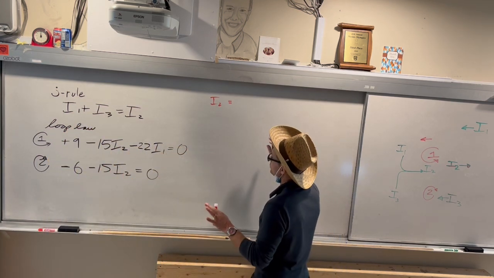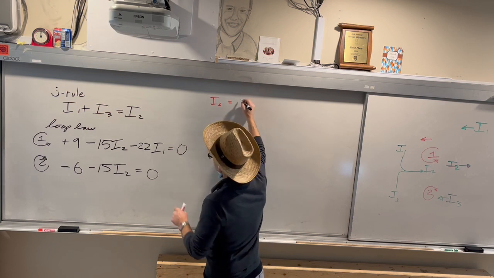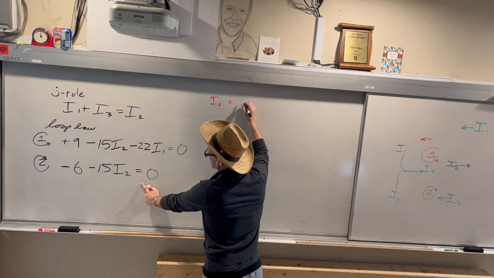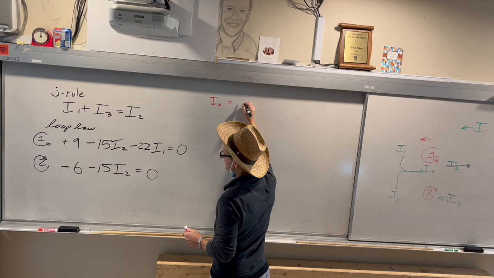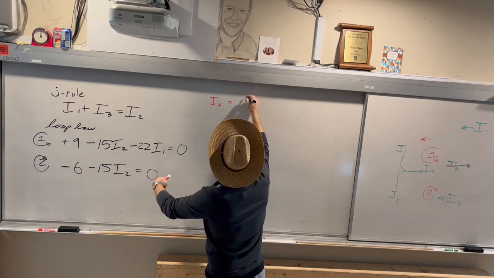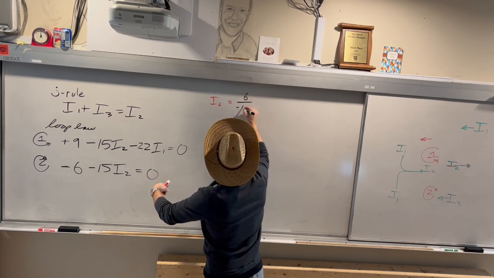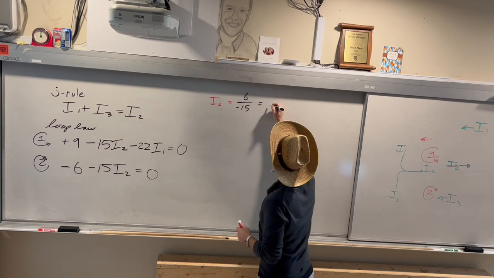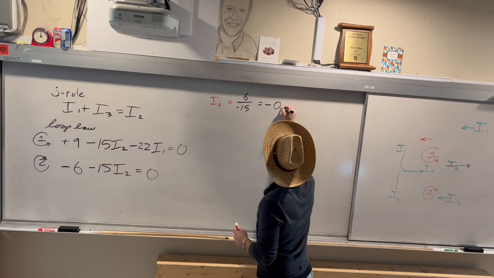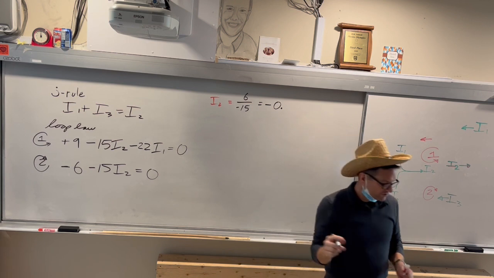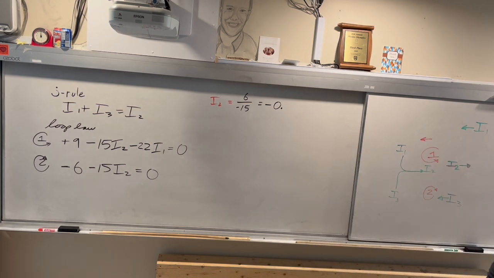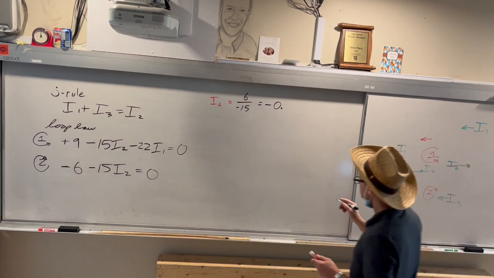No, you have to keep it. So this is going to be -6 over 15, right? Yep. What is that, negative 0.4 or something? 0.4 exactly? Okay.